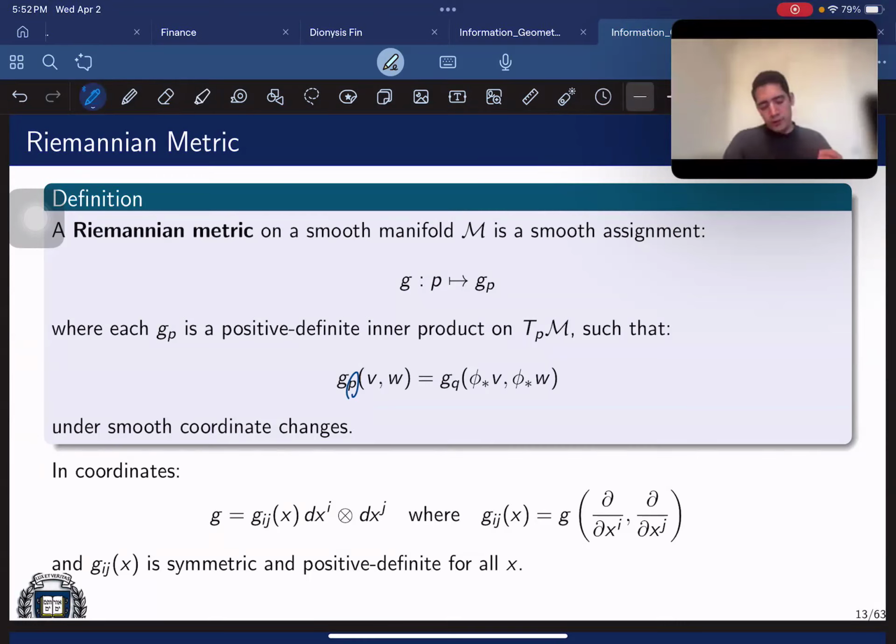So given two vectors, we want the Riemannian geometry to give us the inner product between the two vectors.